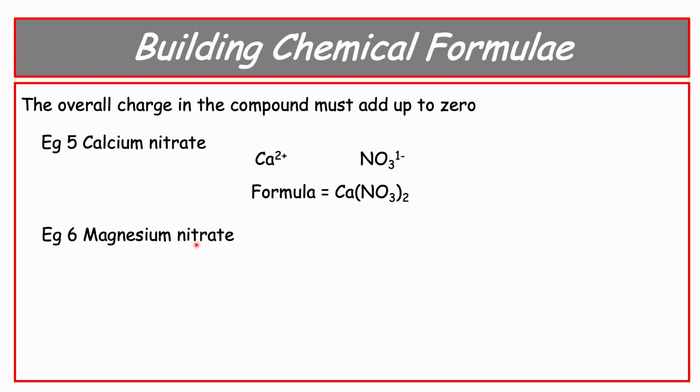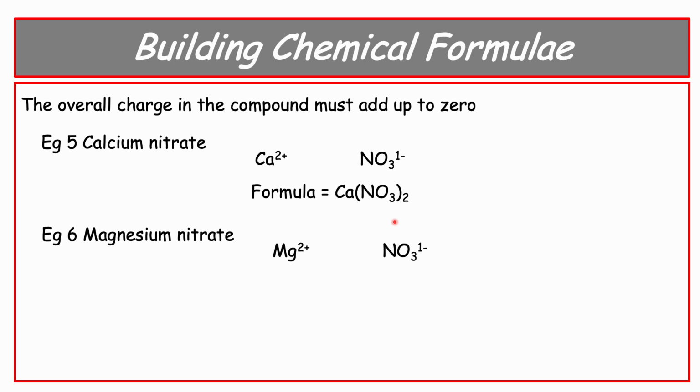Magnesium nitrate will be similar. Magnesium's in group 2, so forms an ion with a +2 charge, and nitrate has an NO3 1- charge. I clearly need more of the nitrate ion to balance out the magnesium ion, and in fact I would need 2 nitrates to make this -2 to cancel out the +2. So I need 2 lots of nitrate, but because I need 2 lots of the whole thing, I've got to use brackets again.